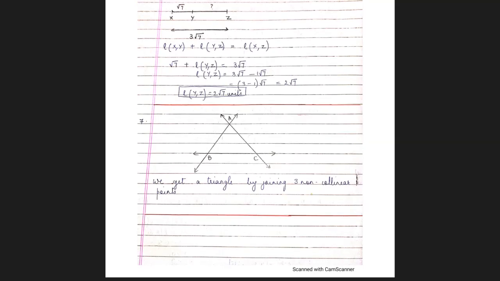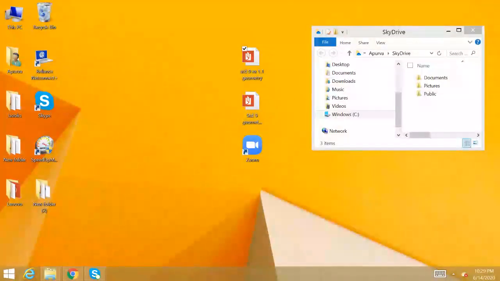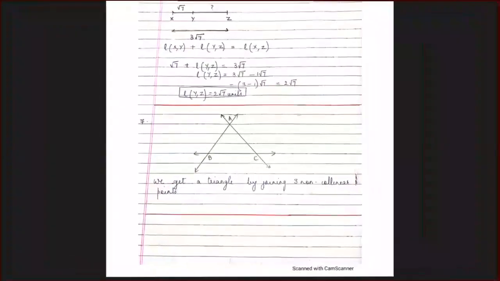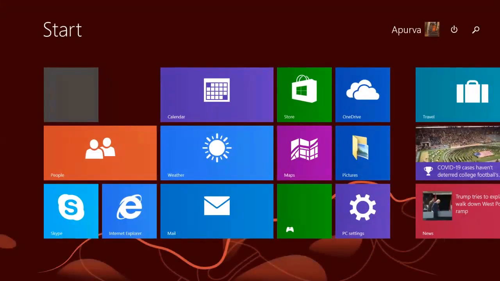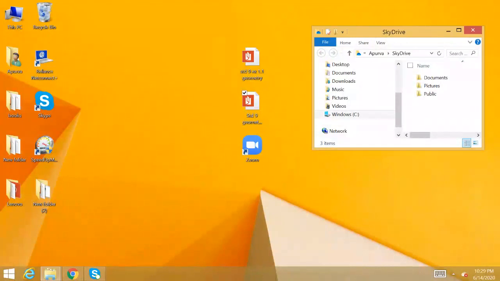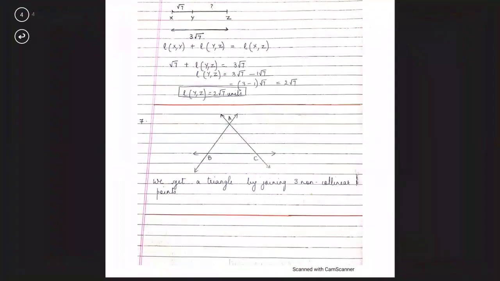Okay. Now we go to the last question, number 7, which says, which figure is formed by three non-collinear points? Non-collinear points means what? They do not lie on a straight line. So if you have 3 points which do not lie on a straight line.